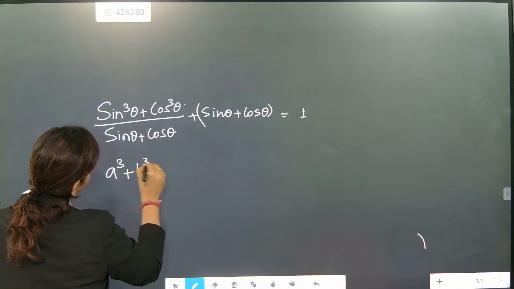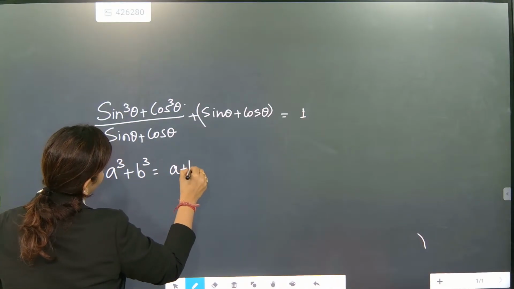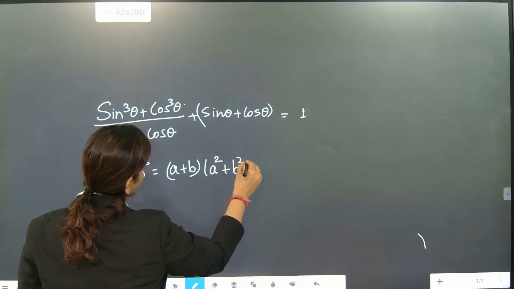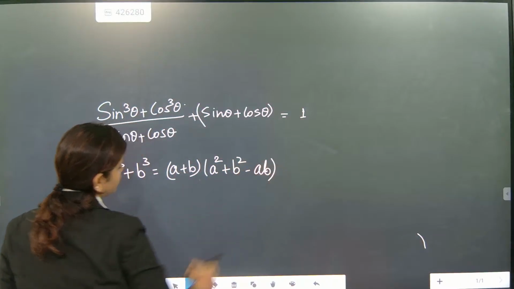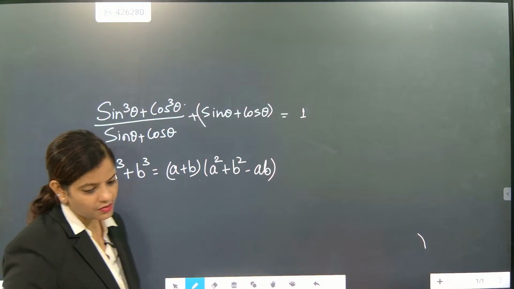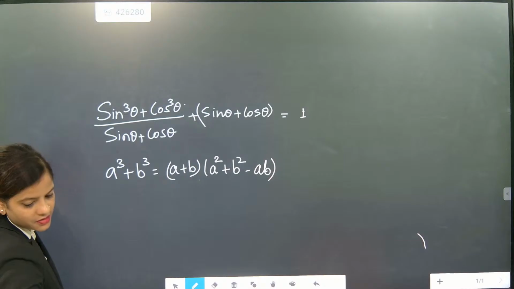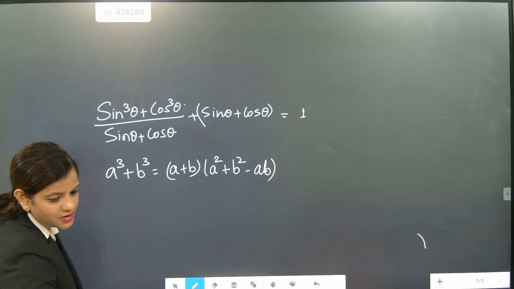A cube plus B cube is equal to A plus B times A square plus B square minus AB. So this is the formula.